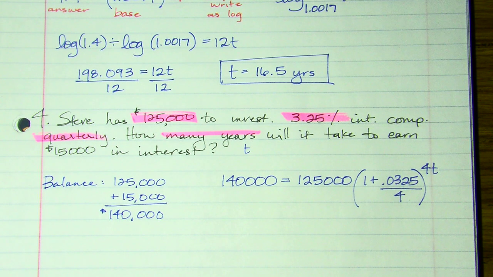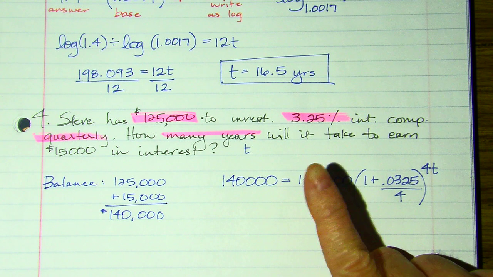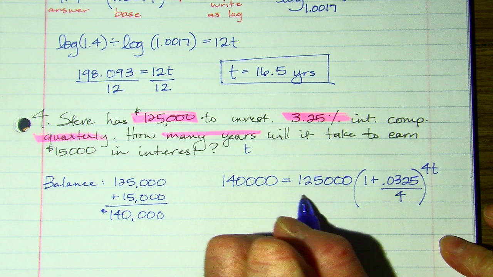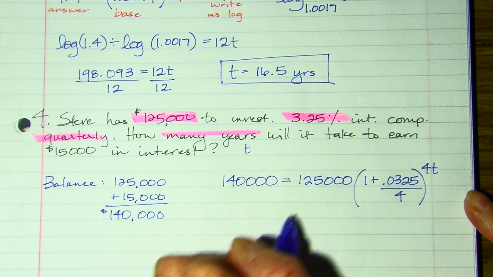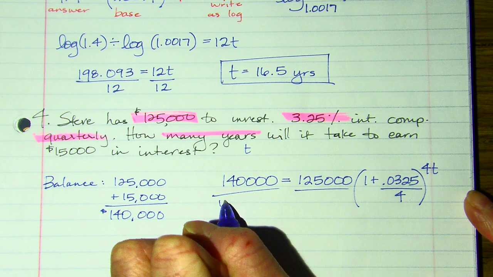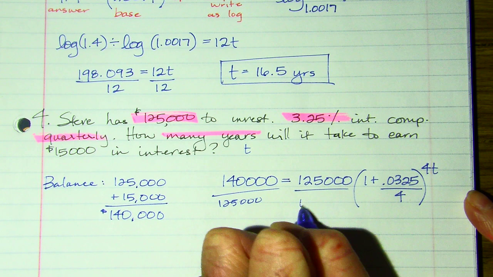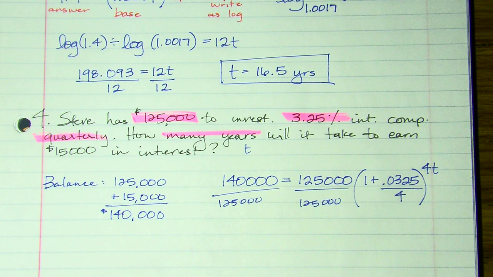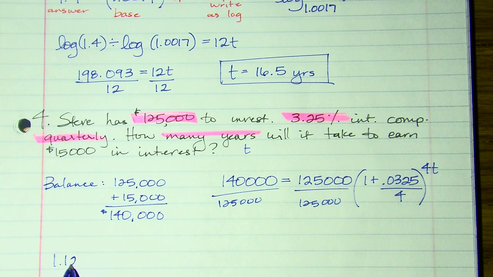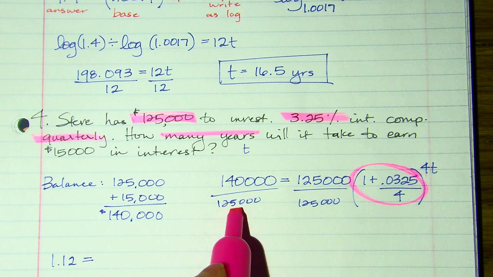So I hope you remember the first thing I'm going to do is move 125. So I'm going to divide both sides by 125. So 140 divided by 125, and I got 1.12 equals, now I'm going to enter this part in my calculator.